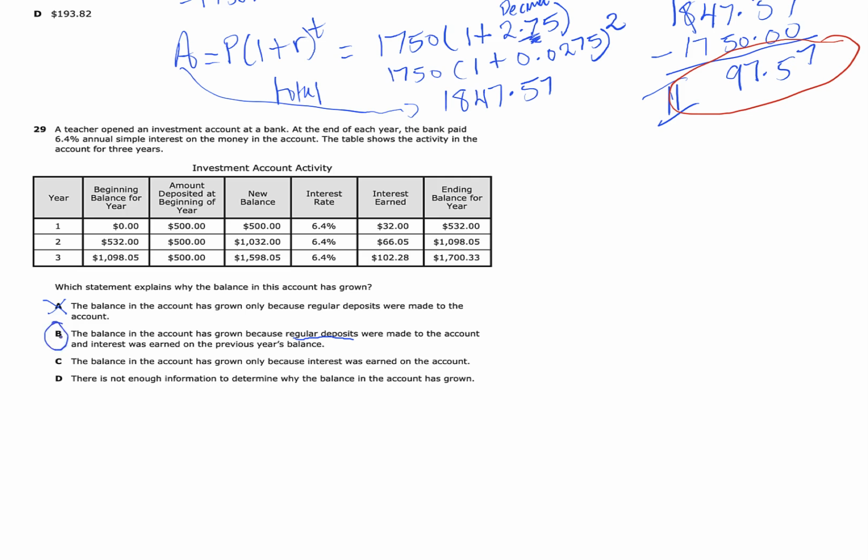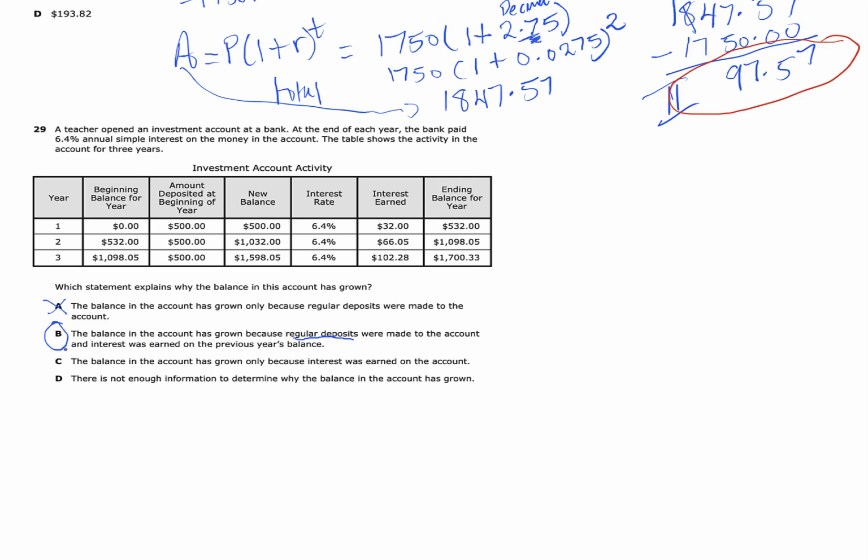That is true. So remember when year 2, when you had 532 and they deposited 500 and then the new balance was 1,032 and then interest was earned on that to bring you to 1098.